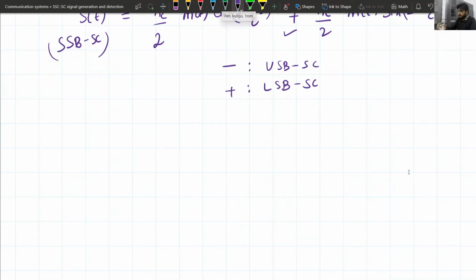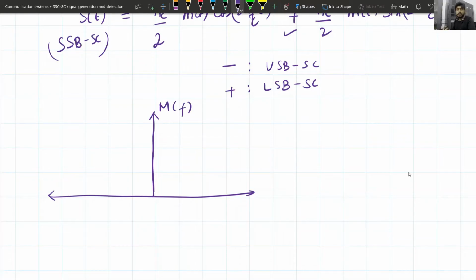So let's say the frequency spectrum of the message signal is represented using the Fourier transform, where Fm is the maximum frequency contained in the message signal, right?